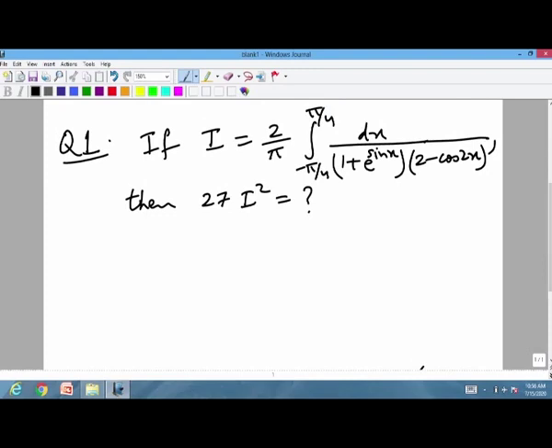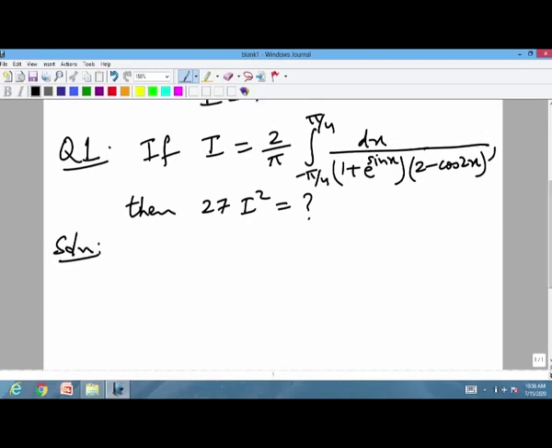So, if we see here, we have integral of the form minus a to a of f x dx. So, let me recall.